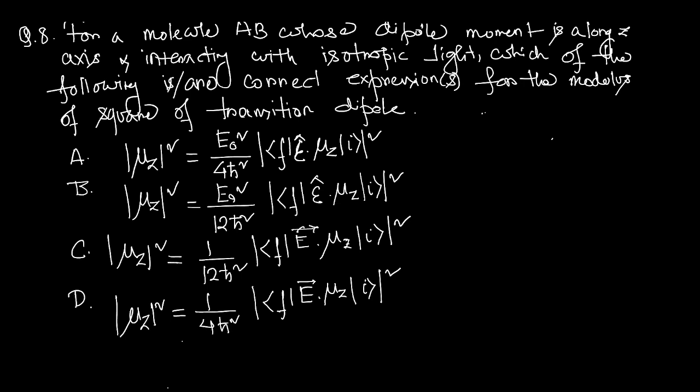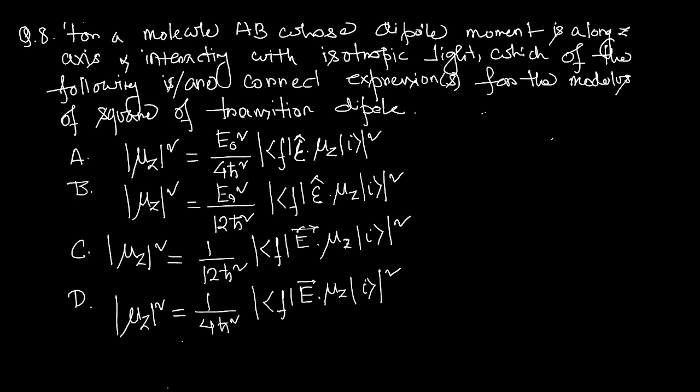This is the question. So what we need to find out, for a molecule whose dipole moment is along the z axis but the light is isotropic, is what will happen to the expression of the z component of the square of the transition moment integral.